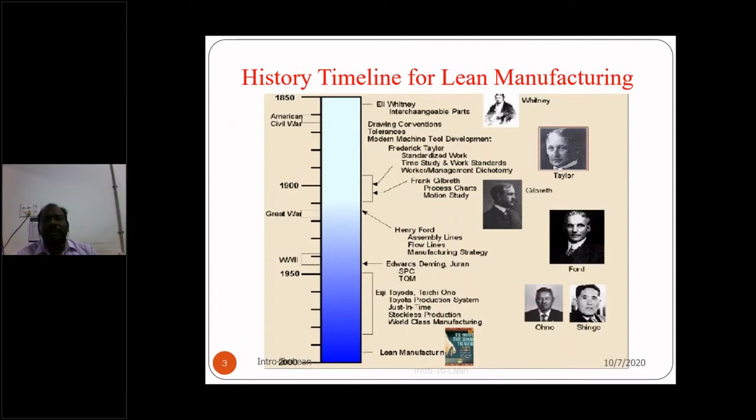It stagnated for some years from 1950 to 2000. Then the Toyota company took the lead and successfully implemented it in a particular place, and respectively increased the productivity of the company.